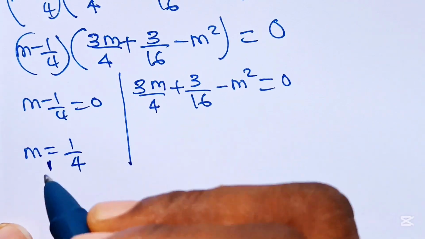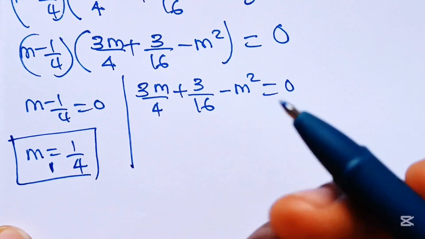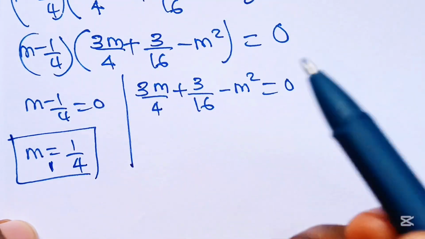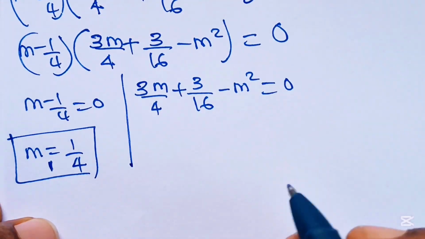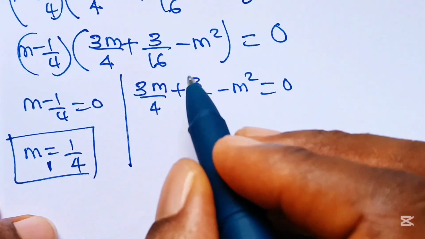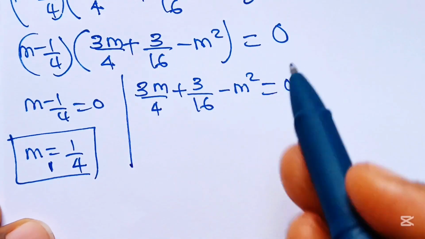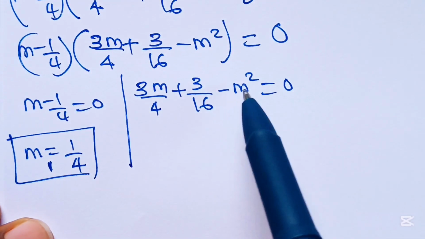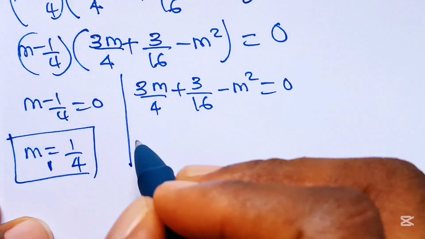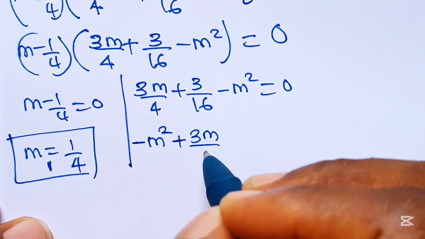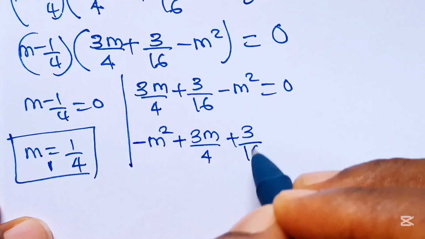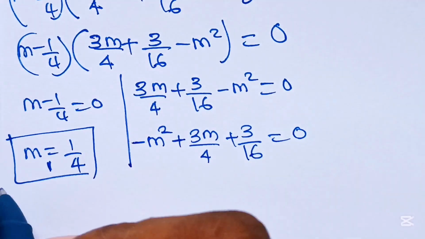Okay, so this is the first value of a, as you can see. Now for the second and third values of a, we are going to get that from here. Now I want us to see that this is a quadratic equation, so let's bring m squared forward. If we do that, we have minus m squared plus 3m over 4 plus 3 over 16 is equal to 0.